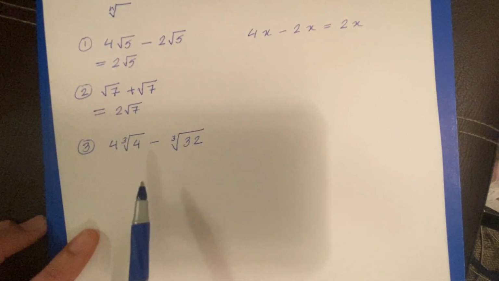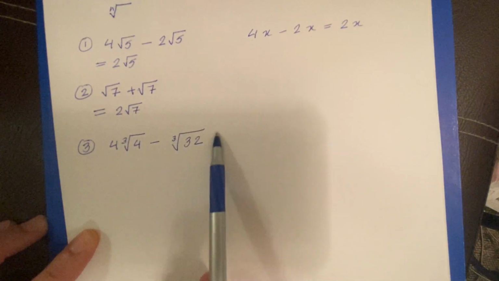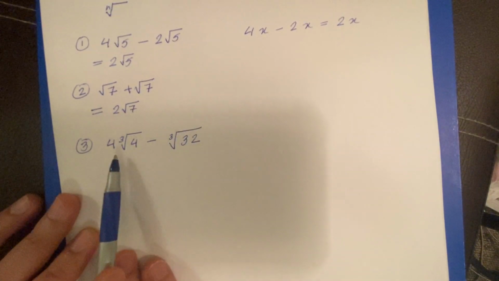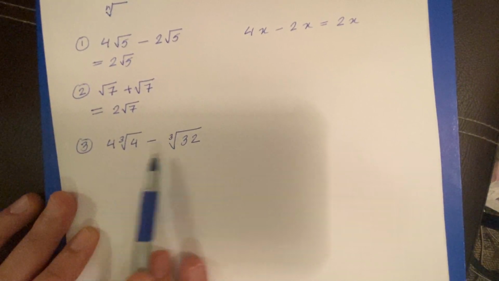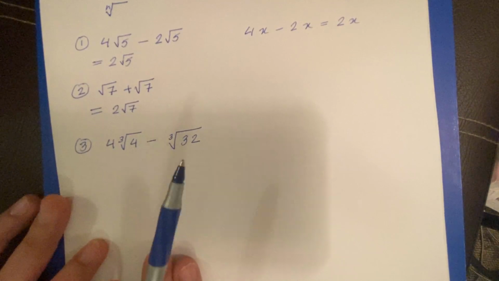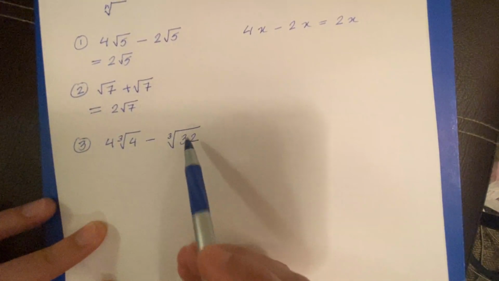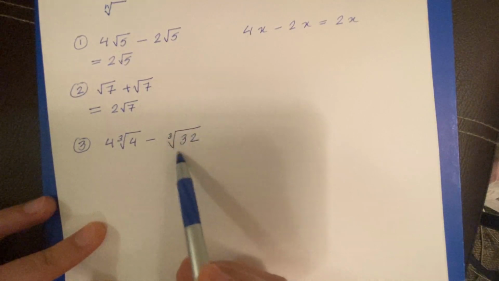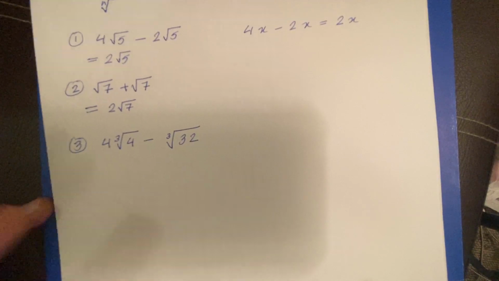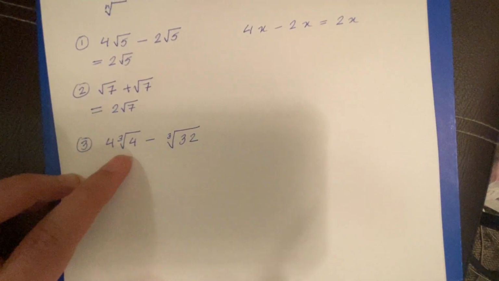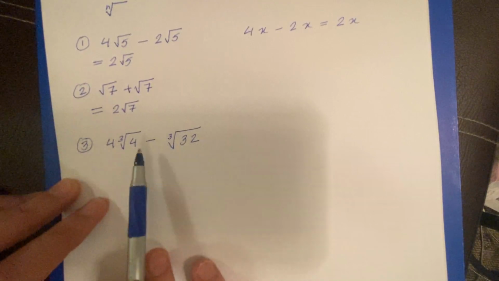But in this one we have cube root of 4 and cube root of 32, so we cannot just combine these two at this point. What we can do is change these to the cube root of 4 form. If we can make like terms, then in that case you can combine these two.